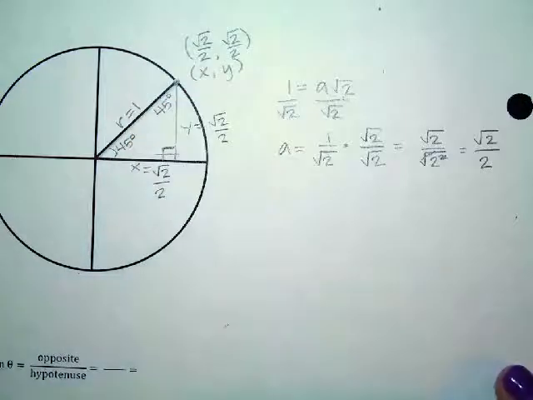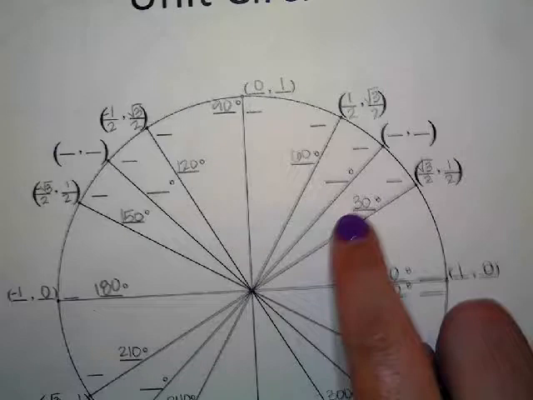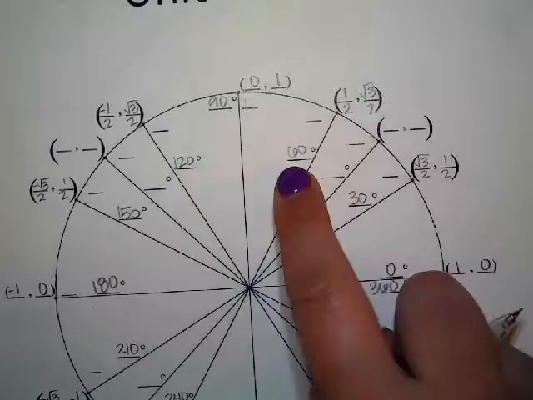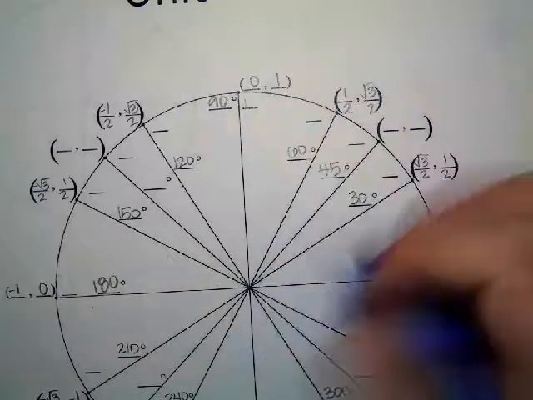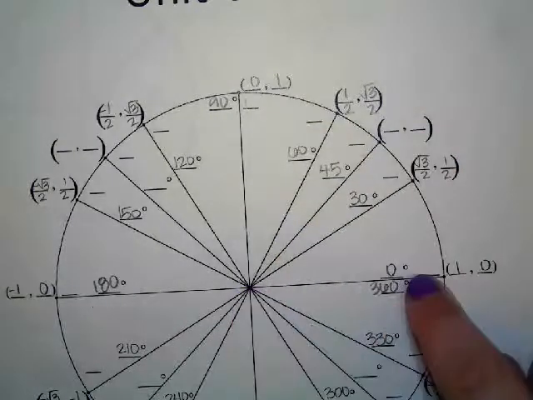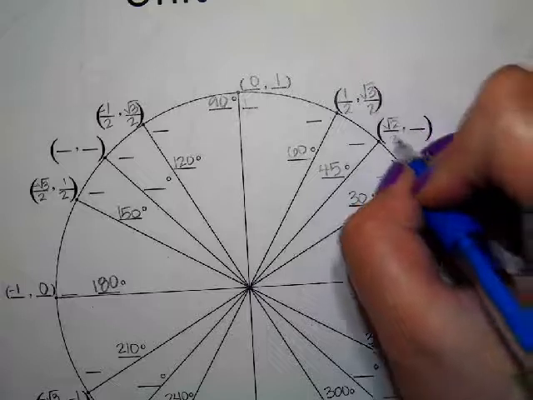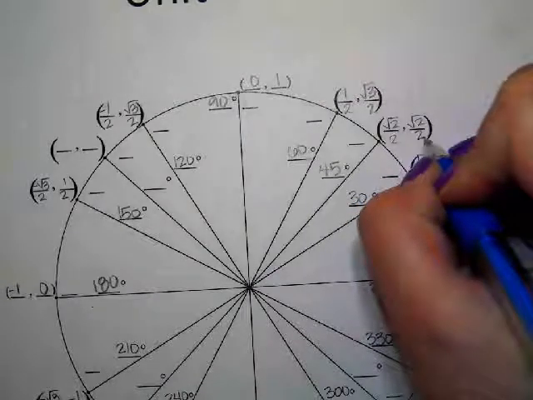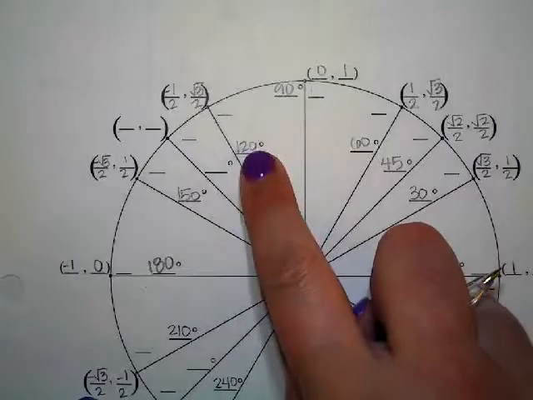Okay, so let's look at our unit circle. In between 30 and 60, we have a 45-degree angle. And to get the x and y coordinate, we go right root 2 over 2, up root 2 over 2. Between 120 and 150, we have a 135-degree angle.